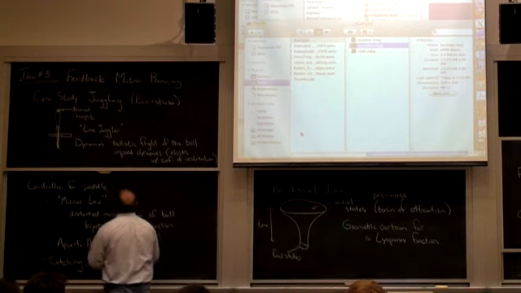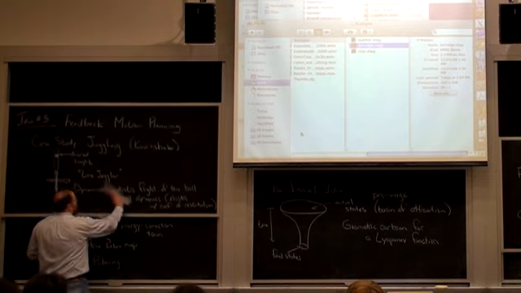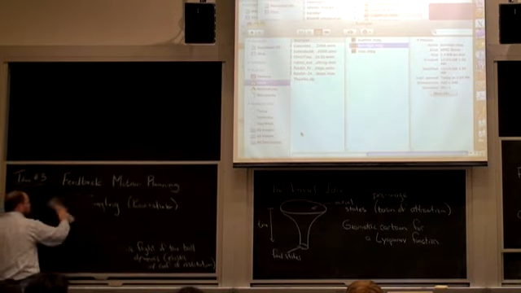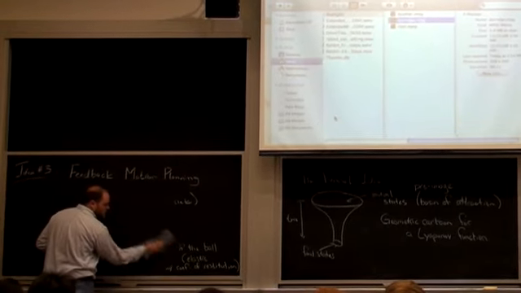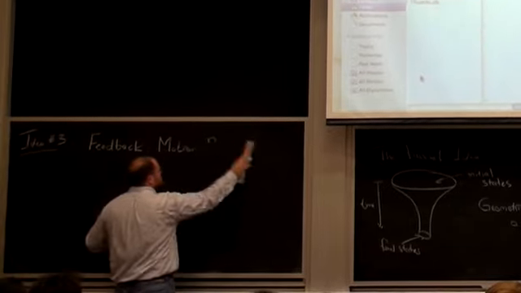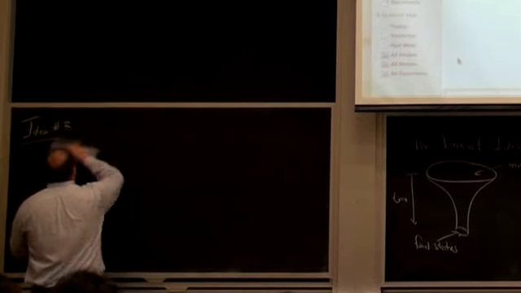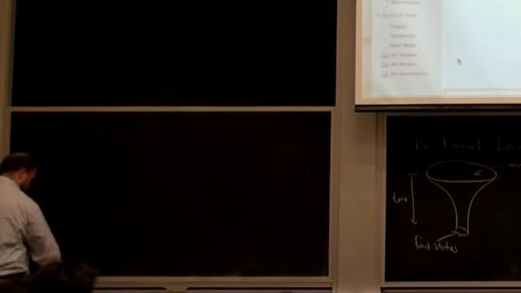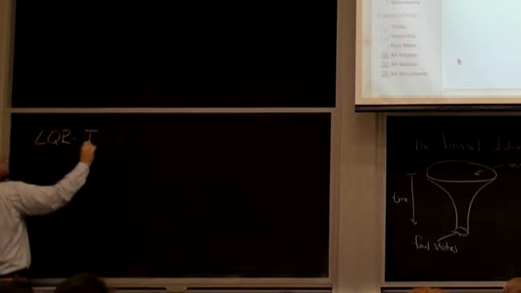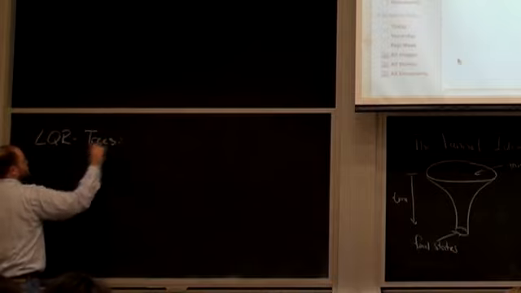In my group, we've been working on an implementation of this feedback motion planning idea, which is sort of very much in line with the things we've been talking about so far. Which we've been calling the LQR trees. Okay.